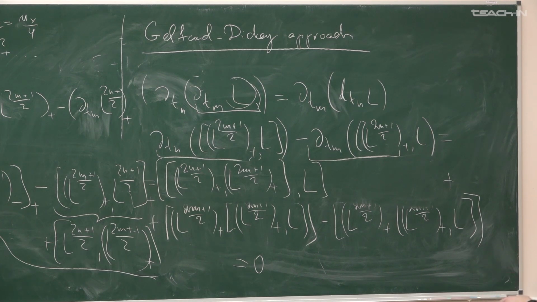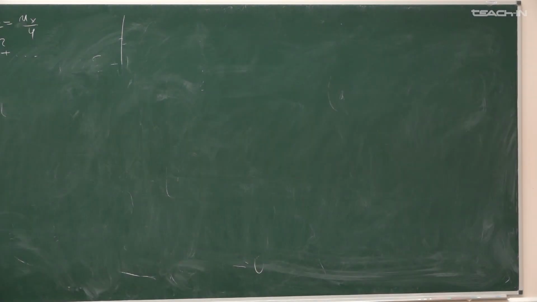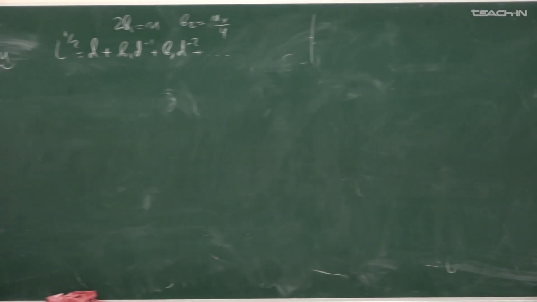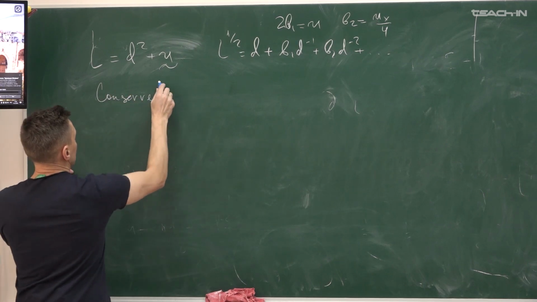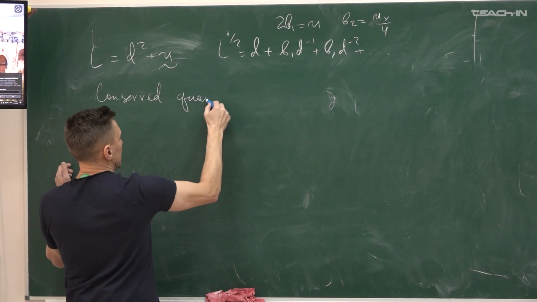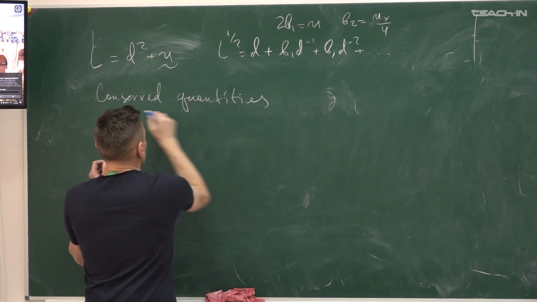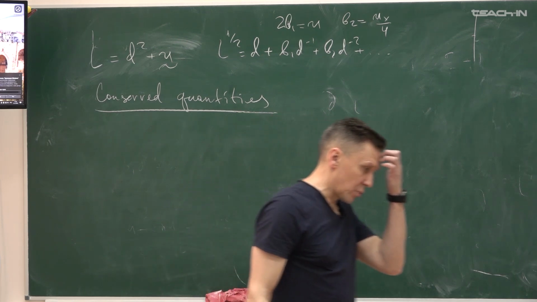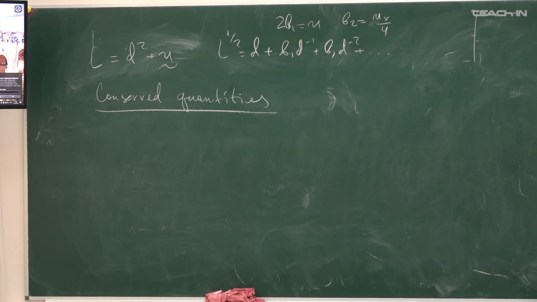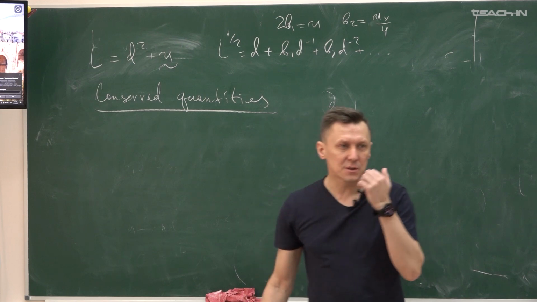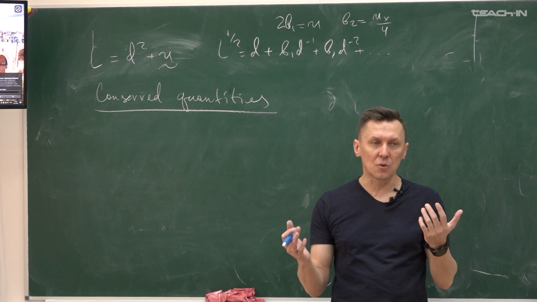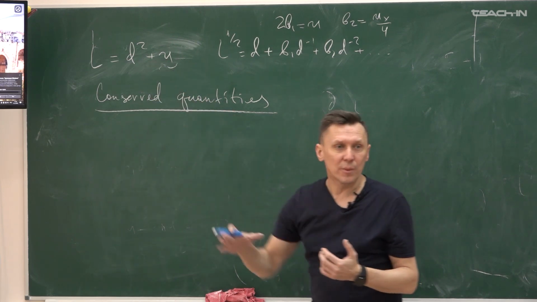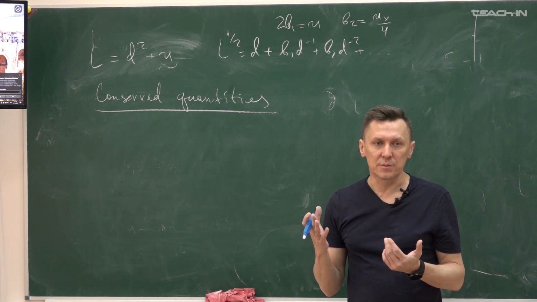Okay. What else? Just briefly, conserved quantities. They should be functionals on our space of differential operators or on these particular potentials of the Schrödinger operator.